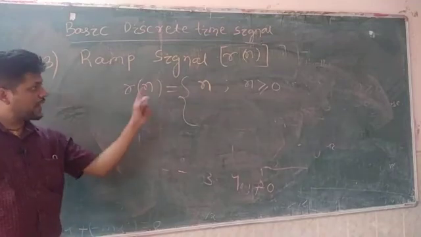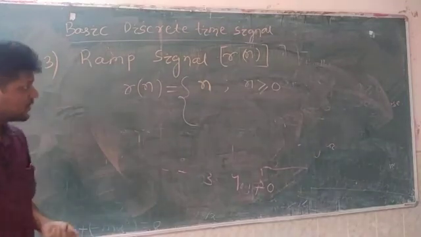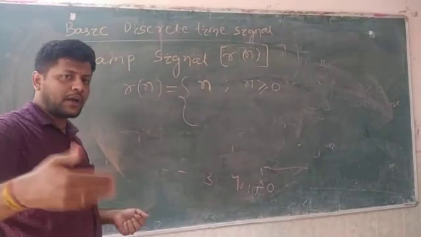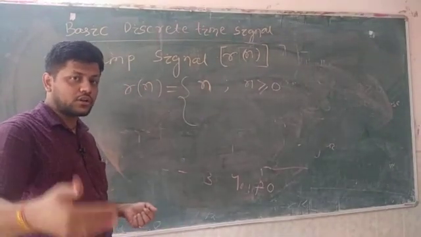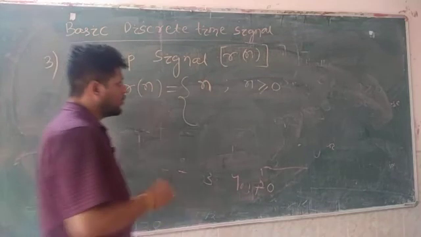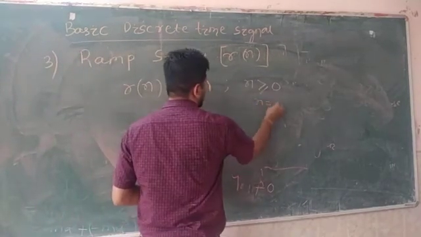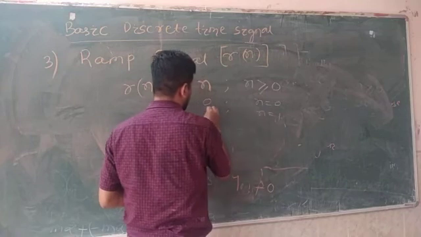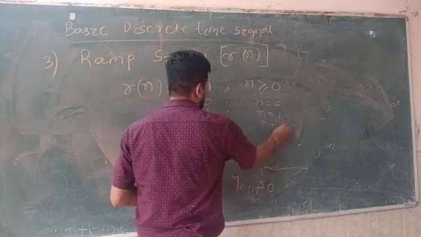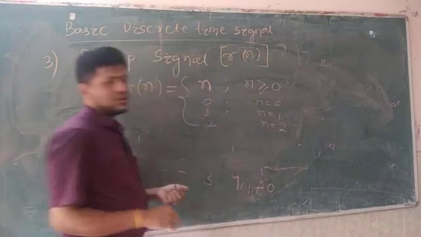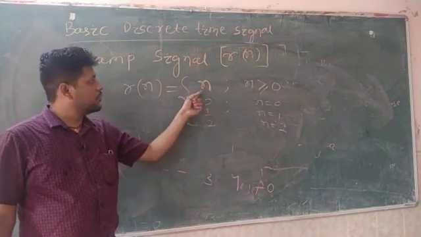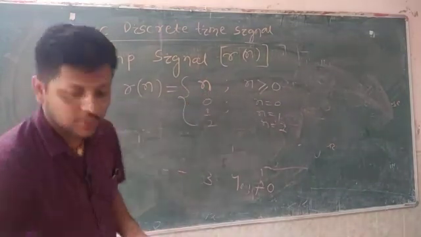It means we have to take all the positive integers. When n is equal to 0, r of n is equal to 0. When n is equal to 1, r of n is equal to 1. When n is equal to 2, r of n is equal to 2. That means for n greater than or equal to 0, this value will be n.